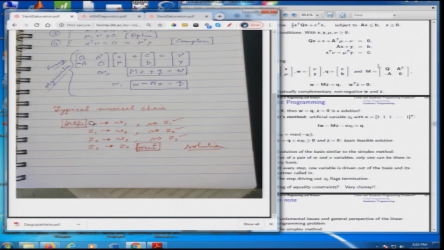So, artificial z 0 drives out a w, say w 1. So, you put the logic that z 1 can be increased, because w 1 is anyway 0. Okay. So, z 1 can be made non-zero. So, you increase that, and while you increase it, you go on checking how far we can increase it without violating any of the equations here.